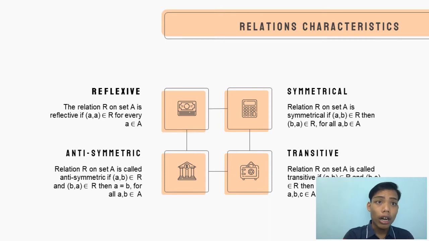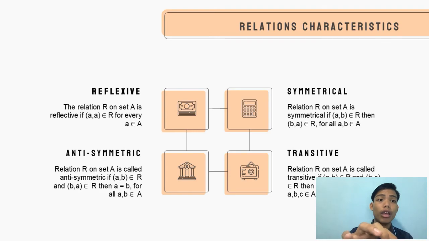Relation R on set A is called antisymmetric if (a, b) and (b, a) are in R, then a = b, for all a, b in A. And the last one is transitive. Relation R on set A is called transitive if (a, b) and (b, c) are in R, then (a, c) is in R, for a, b, c in A.